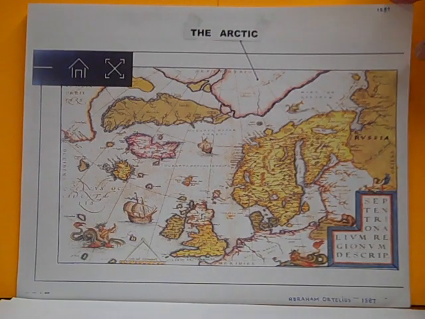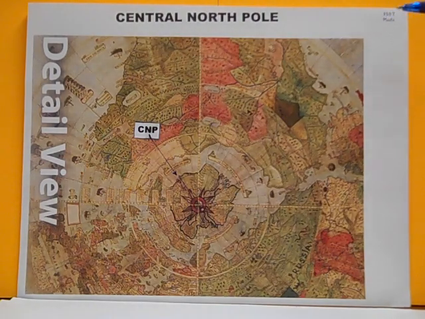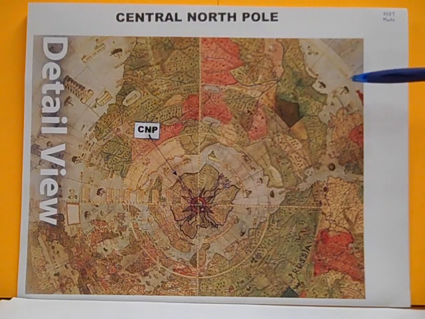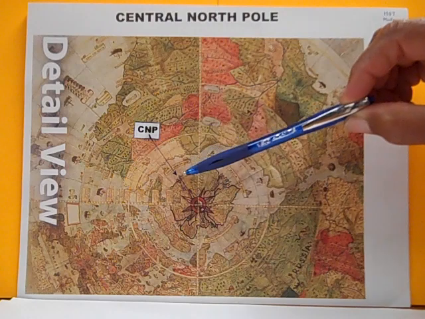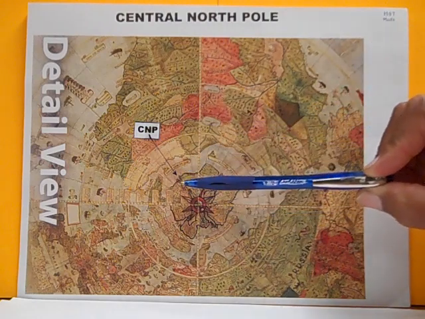Now we'll go to number 10. This here is a 1587 Urbano Monte map. And the central North Pole is here with 4 small continents.